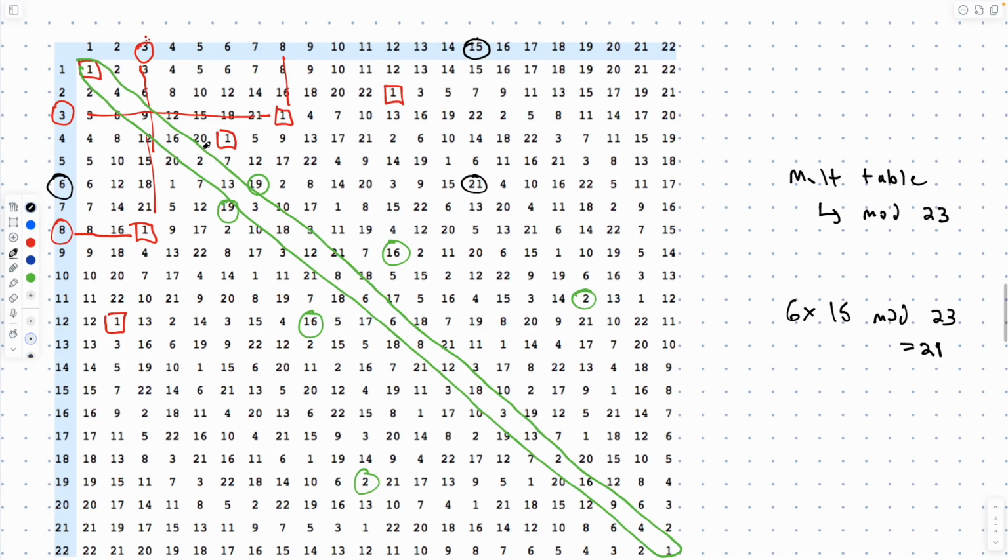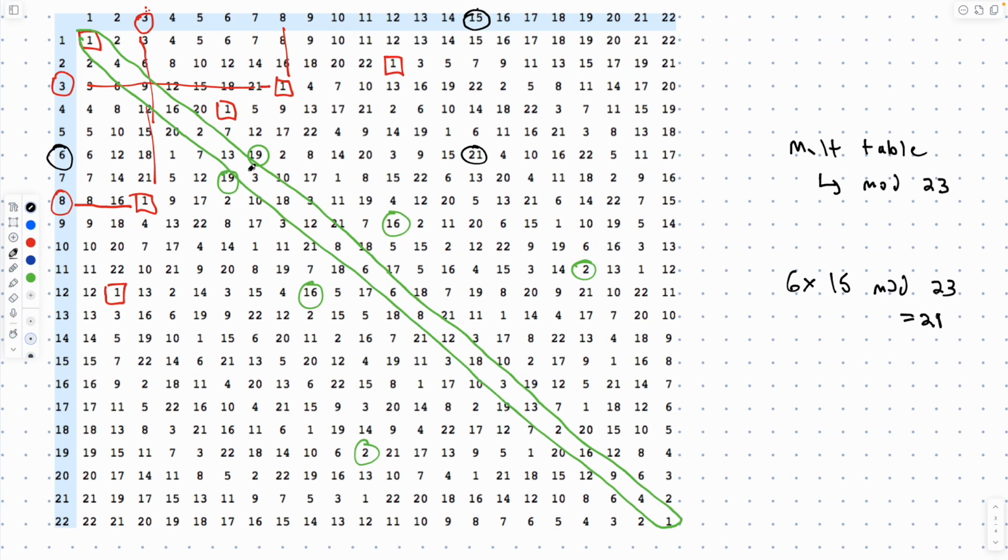Could I get that same result from my multiplication table? I could, but it would take a couple steps. But I could do literally what I just said. I could say that 12 to the 3 is the same as 12 times 12 times 12. What's 12 times 12? So 12 times 12 is 6.